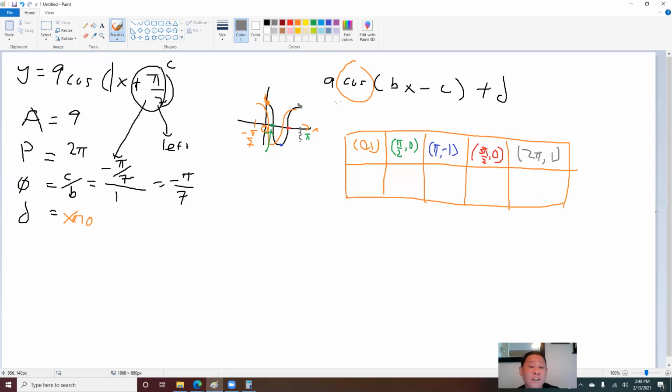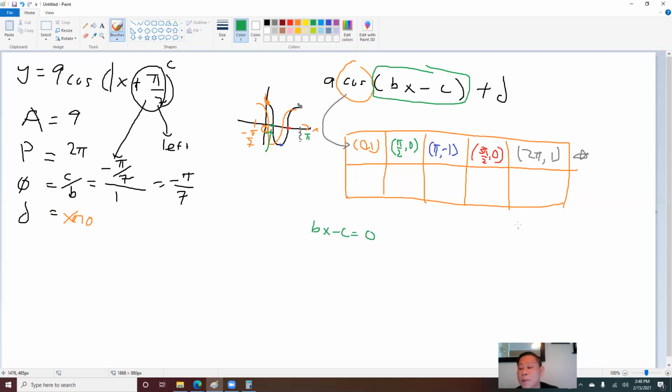So you need to watch out for this. This is a cosine graph. And I think we went through this on the Zoom meeting, so I would recommend you rewatch it because this is very important. Then what you need to figure out next is to set this equal to 0 and equal to 2 pi.